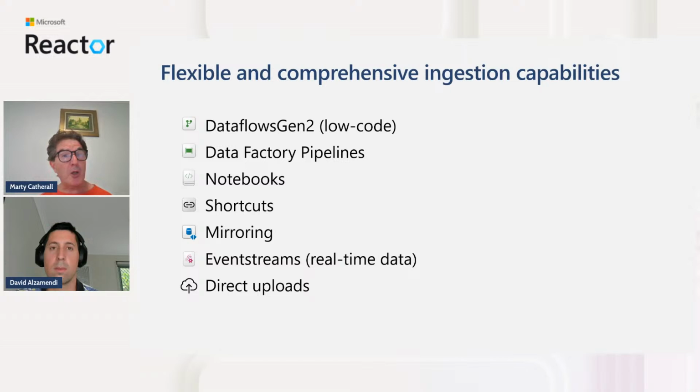So a shortcut, you might have heard that term before on your Windows desktop, where it's just pointing to a file on the file system. Here, the concept's very similar, except now it's pointing to data that lives somewhere else rather than in the workspace where you actually are.